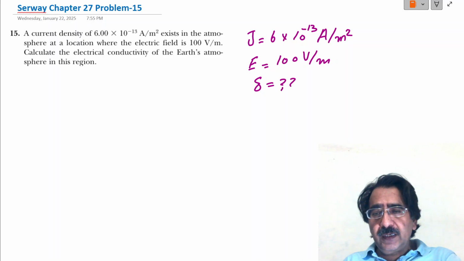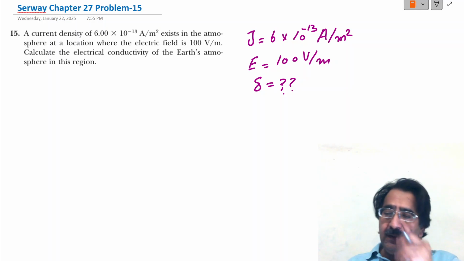We have to calculate the electric conductivity of Earth's atmosphere in this region.